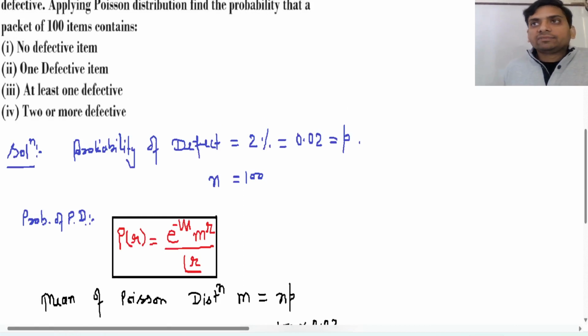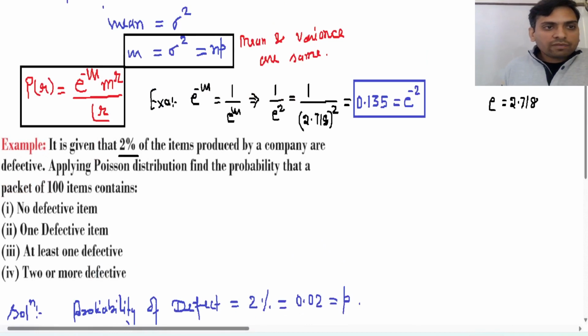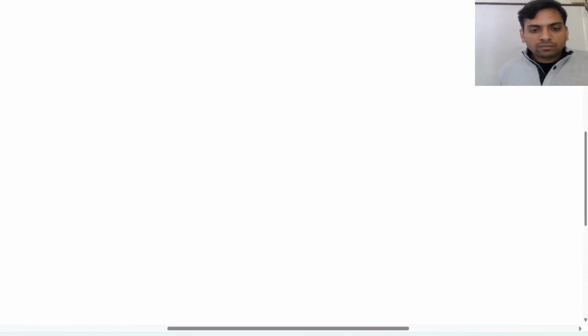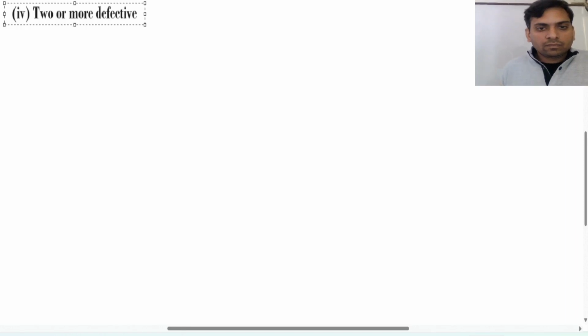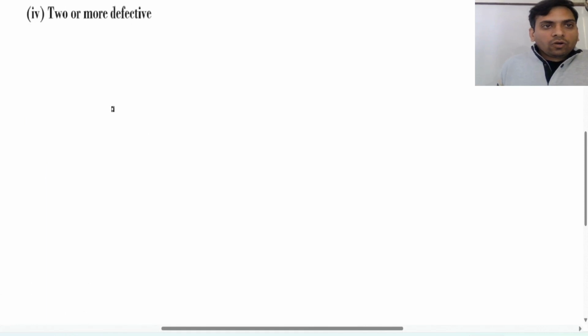Next part is what? 2 or more defective. Okay, so 2 or more defective means how will you write in terms of R?